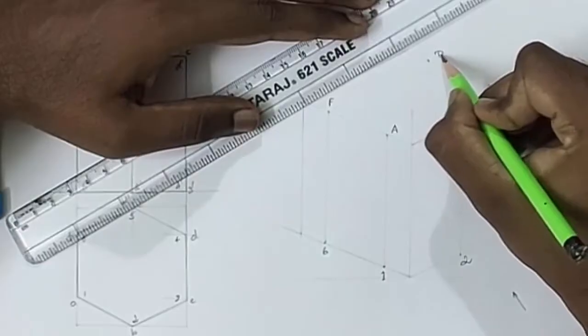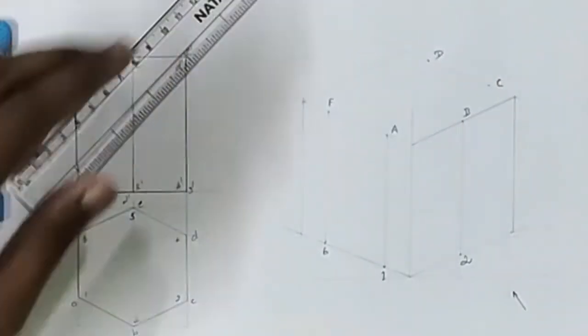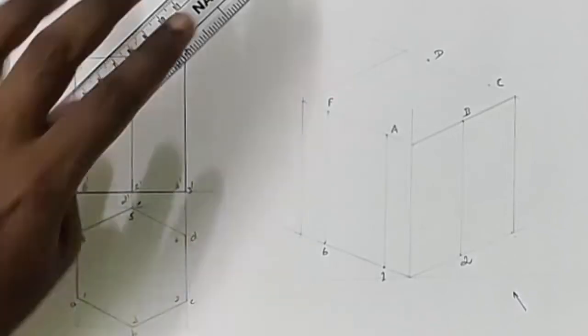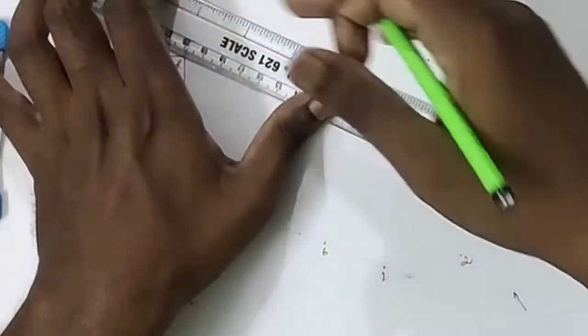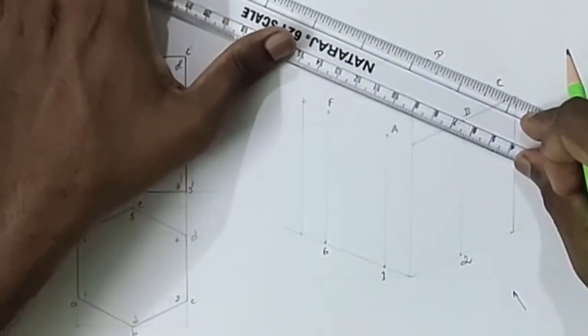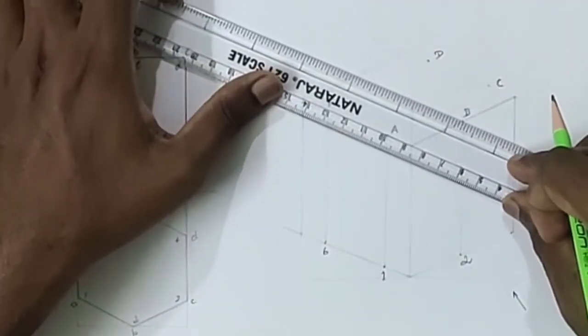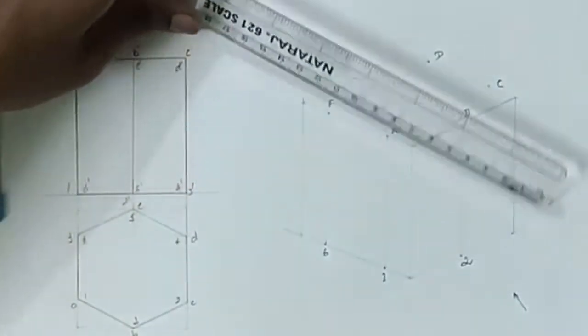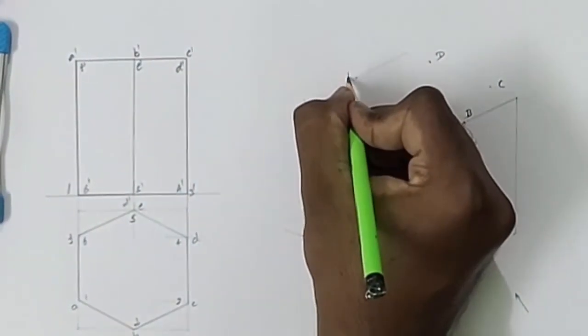This is point D. And exactly to the rear of the point B, E is there. We have to maintain the angle correctly. The 30-degree angle should be maintained here. If you use a drafter, that will be better. This is point E.